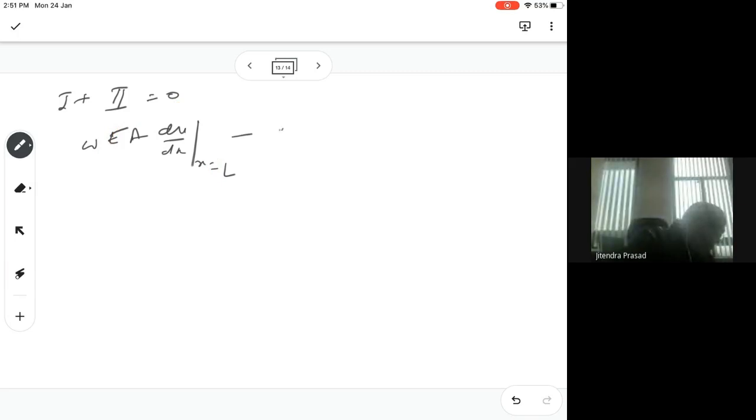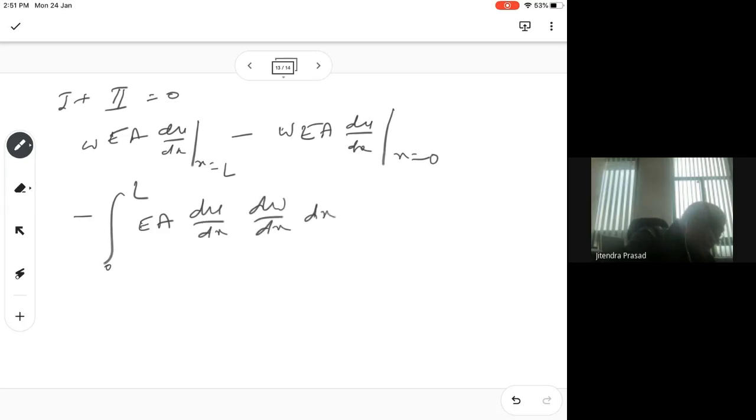Now, minus W EA du over dx at x equal to 0, minus the integral from 0 to L of EA du over dx dW over dx, and plus the integral from 0 to L of W dx, all equal to 0. So this is what the weak formulation is.